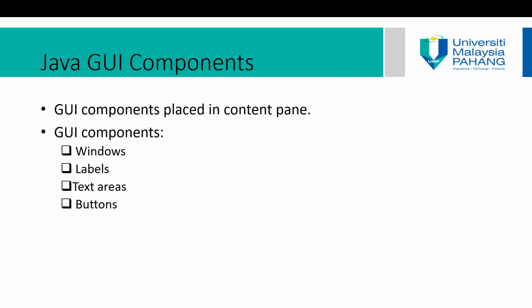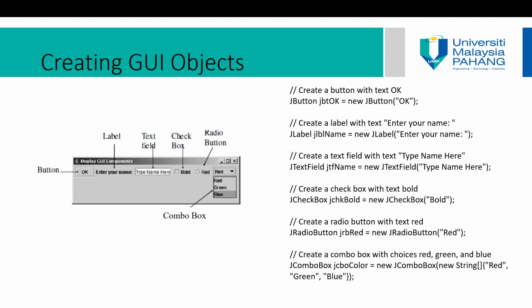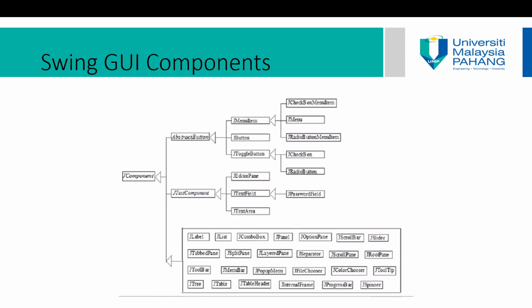GUI components will be placed in the content pane. The window, label, text area, and button will be in the content pane. For example, you can see here that the button, label, and text field all will be in the content pane.